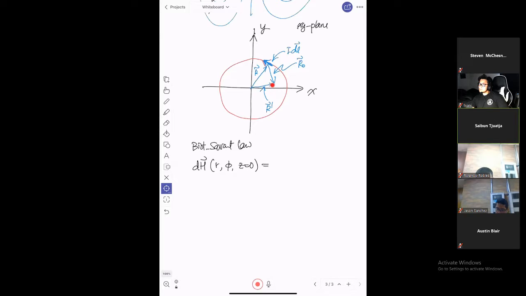So any point in space I can pick. For example, I pick a point, let me use a red color here. I pick a point over here. In this case, this value here is the R. This is the phi for this particular point. Does it make sense? So at every point, as a function of R and phi, but at z equal to 0.